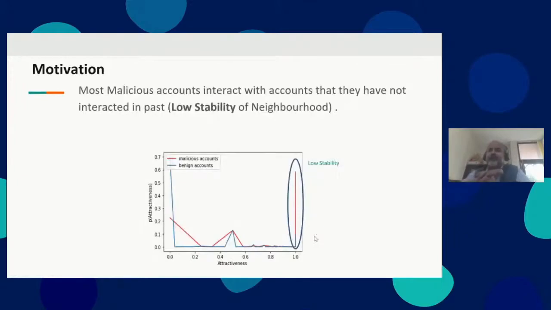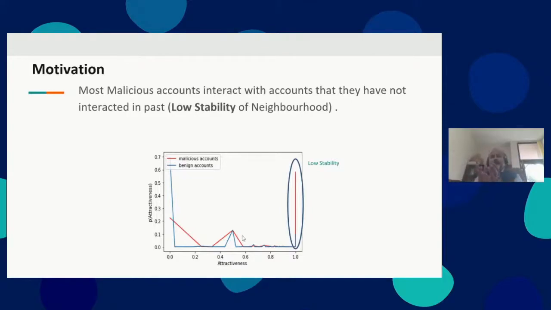Another thing that we found is that the accounts involved in malicious activities interact with newer accounts as time goes. Normal accounts are not like that. They tend to transact with a certain number of accounts that they always transact with, whereas malicious accounts tend to change who they transact with, and that's what we call neighborhood.